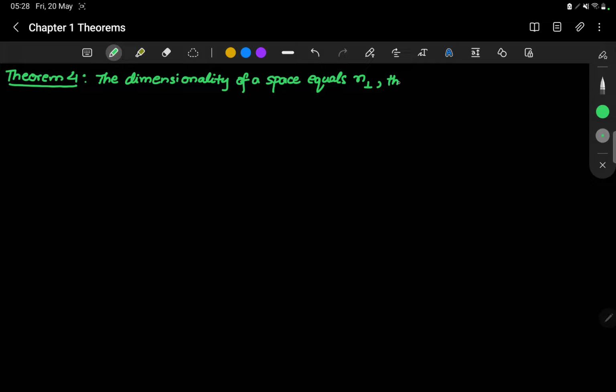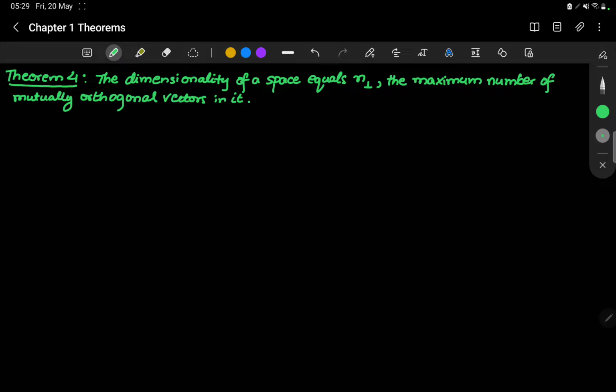What is n perpendicular? N perpendicular is the maximum number of mutually orthogonal vectors in it.